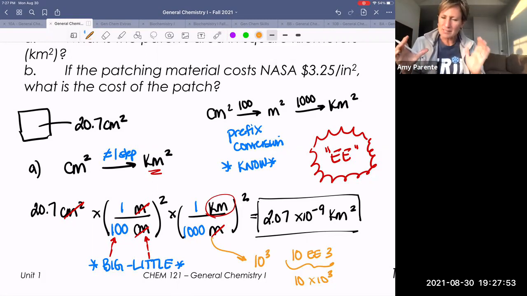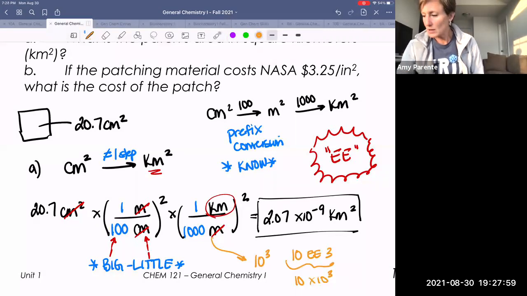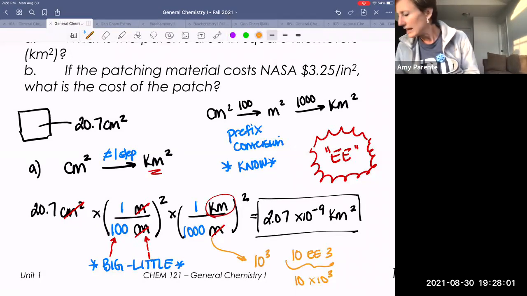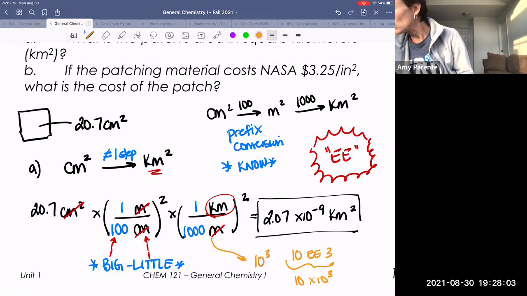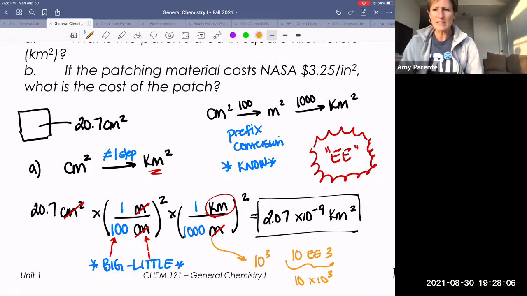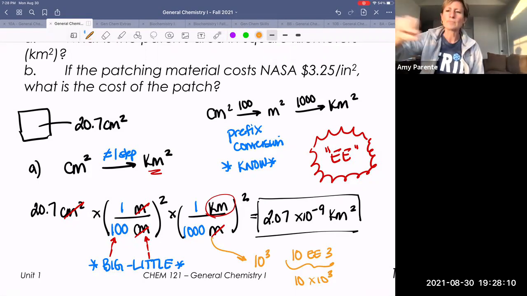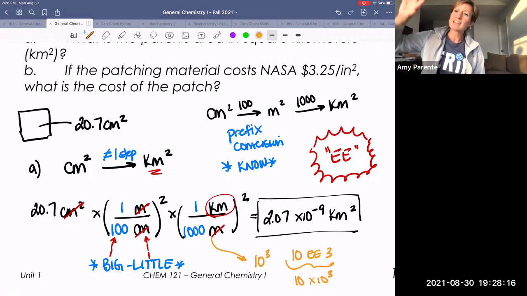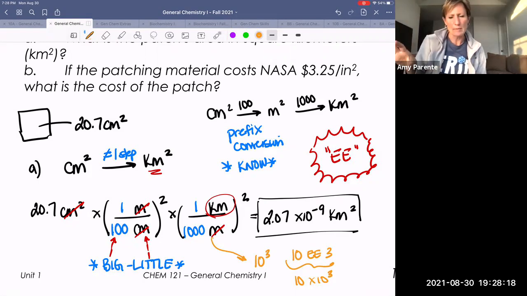If you don't put things in parentheses, depending on the calculator that you have, you can get the wrong answer.